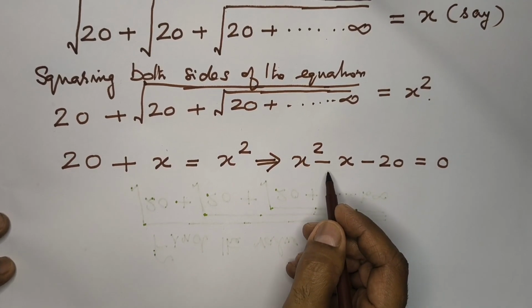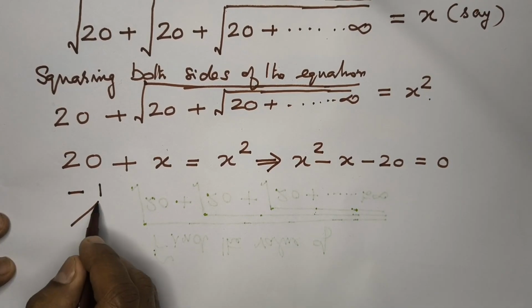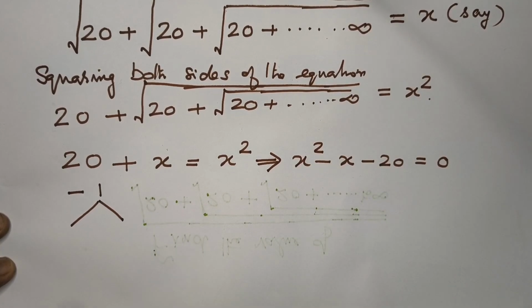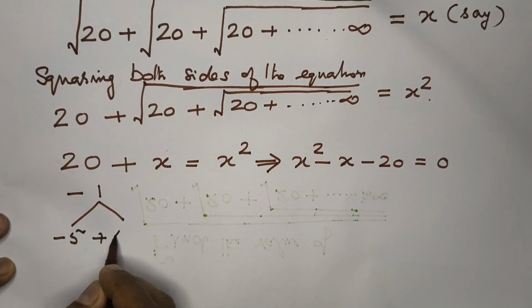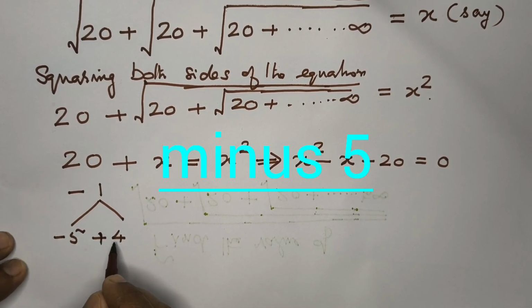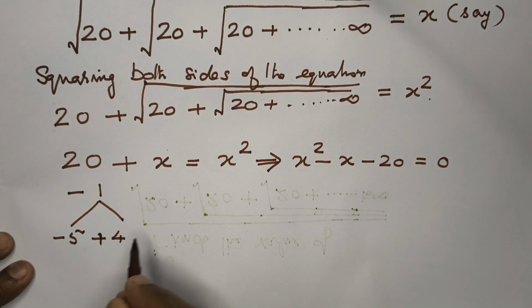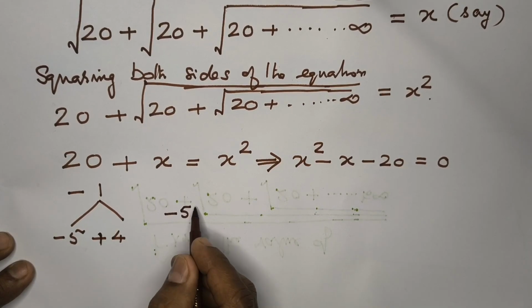Now, what we do here, the middle coefficient, which is minus 1, you will split into two numbers such that their sum is minus 1. I'm splitting into minus 5 and plus 4, so that their sum turns out to be minus 1. And if you look at the product of these two, what is that?